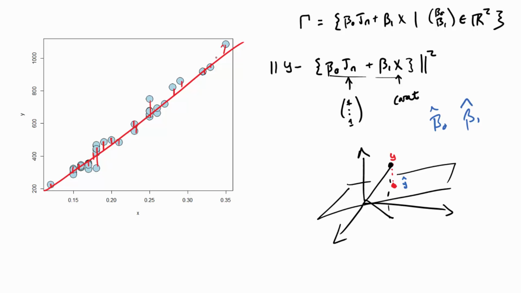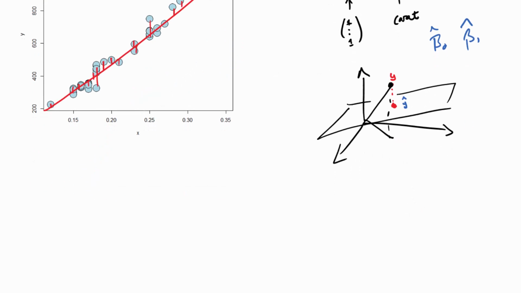So there's 2 ways to think about it. One is to think about it as minimizing the vertical squared distances from the scatter plot, and another is to think about it as a projection in n-dimensional space. Of course, we can't visualize the n-dimensional projection. We have to pretend like it's a 3-dimensional projection just for the illustration. So let's go ahead and do this, and I think there's a pretty easy way to do this with the tools that we've already built up.